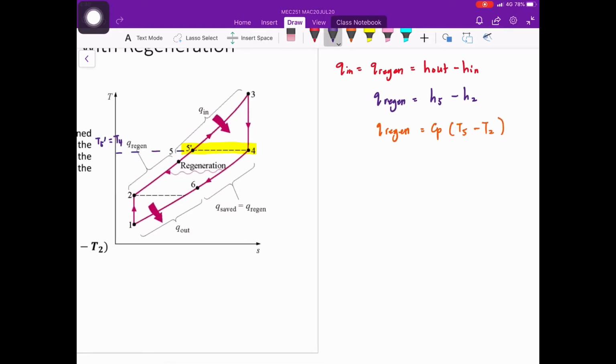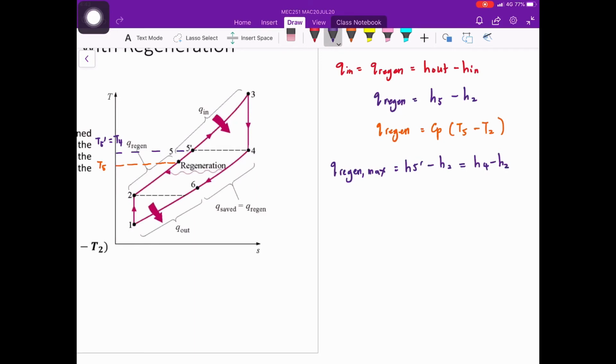Temperature at state 5' is the maximum temperature that the regenerator can have, and it is equal to the temperature at state 4, T4. However, in most cases, the temperature leaving the regenerator will be lower than the temperature at state 4. Temperature at state 5, T5, represents the common temperature leaving the regenerator.